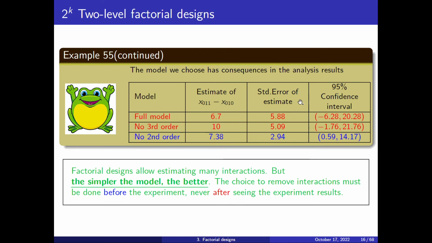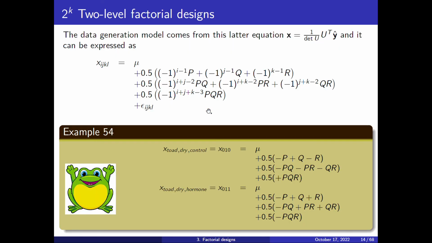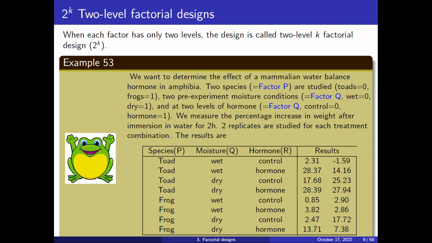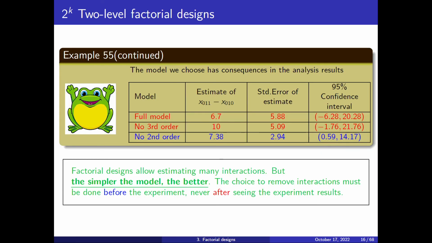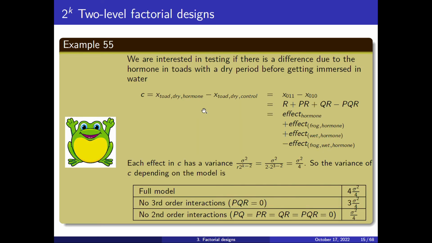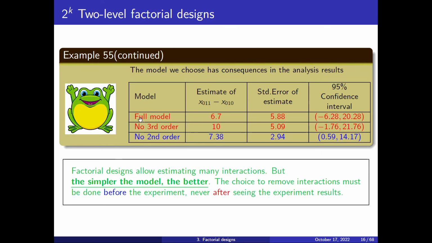And that comparison is important because depending on the values, and here you have the values of this experiment, depending on what your analysis formula is, you will find that there is no difference between dry toads in hormone or control if you use the full model.